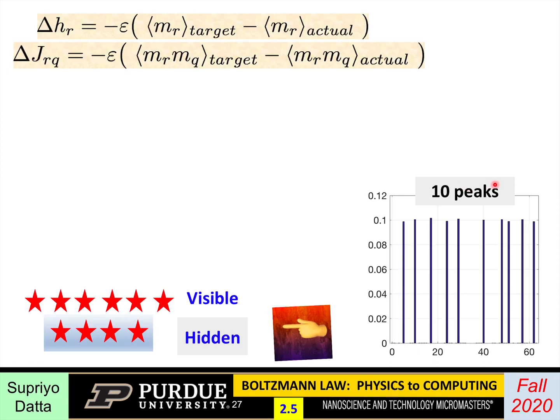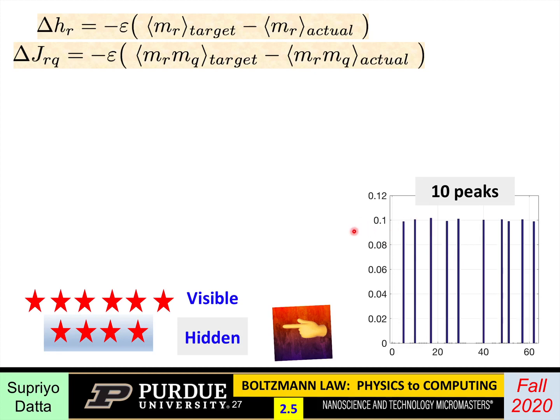Okay? Now, before finishing up then, let me say a few words about some extensions. As I said, in this course we don't go into detail into machine learning, but I just wanted to mention a few ideas to indicate the richness of this subject. Like supposing instead of 6 peaks with these 6 bits, we wanted 10 peaks. Then you would find that if you just use the straightforward learning method, it may not work too well.